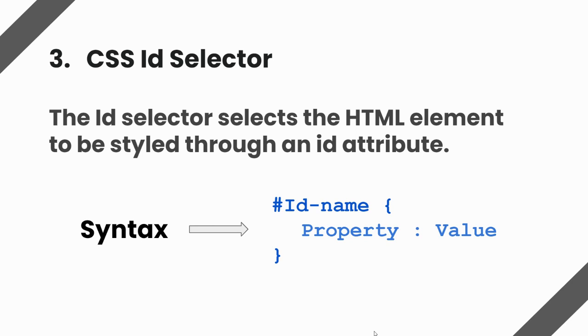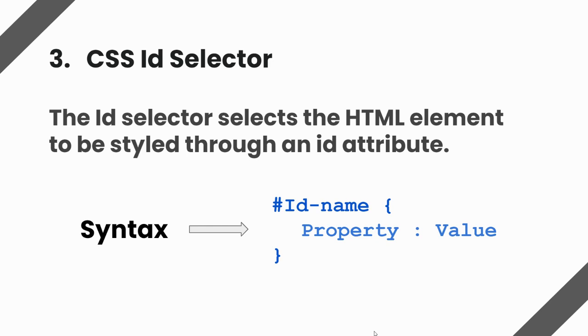So in a situation where you have multiple occurrences of the same element and yet you want to style one of them, that particular one will have an ID attribute. That ID attribute is what would be used to reference it in the CSS file for styling. That way, it only affects that particular tag and not the other tags that occur with it.